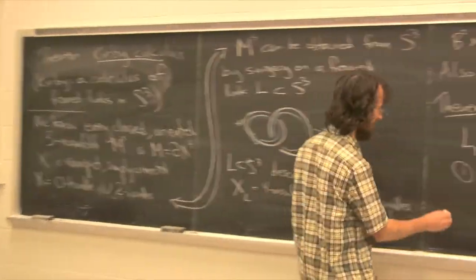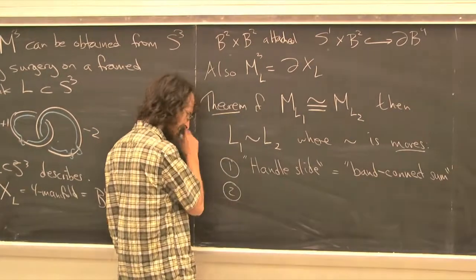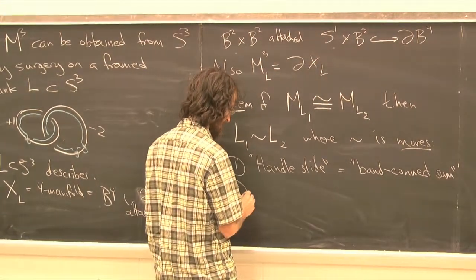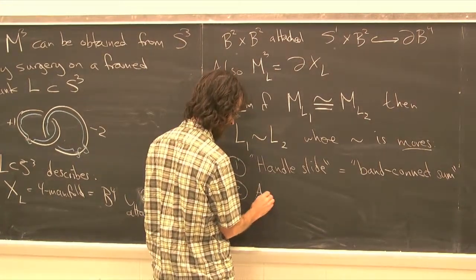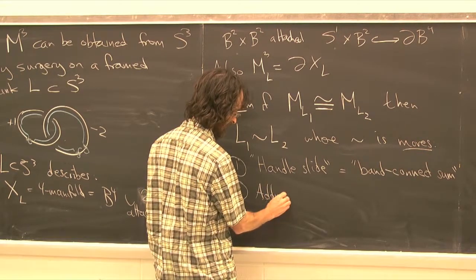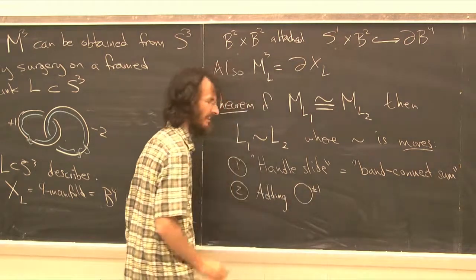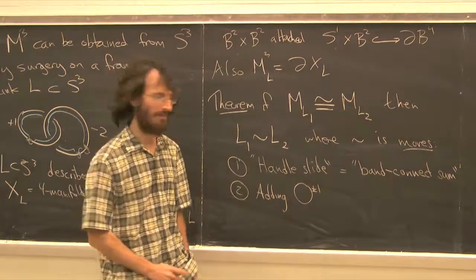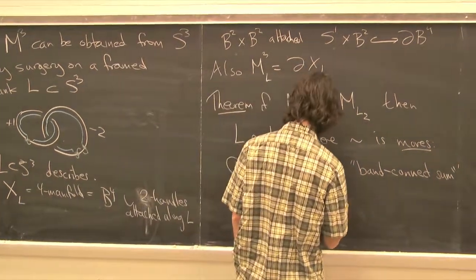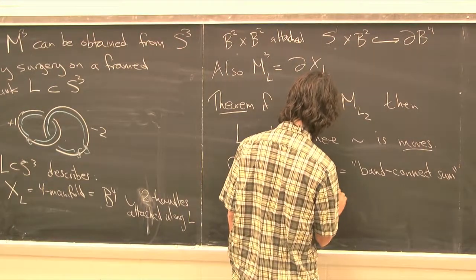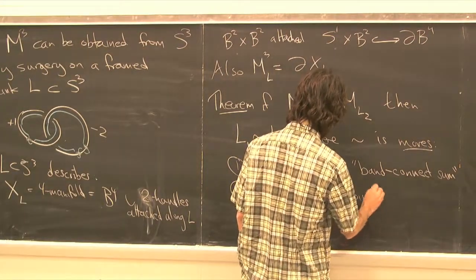So that's one move you can do, and the other is adding an unknot with framing plus or minus 1, unlinked from everything else, just off by itself somewhere.